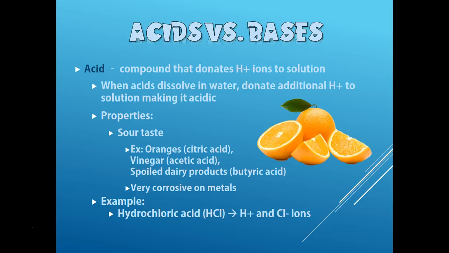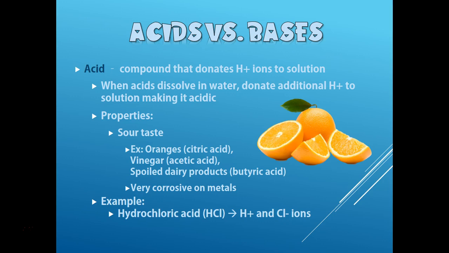So how does this relate then to acids and bases? Well, that comes into play when we start talking about the actual solution process, so water being that solvent, but then what else am I dissolving in that solvent? So an acid really is a solute that we're dissolving in water, and as a result, when that acidic compound dissolves in water, it itself comes apart, dissociates, and ends up adding extra H+ to the solution.